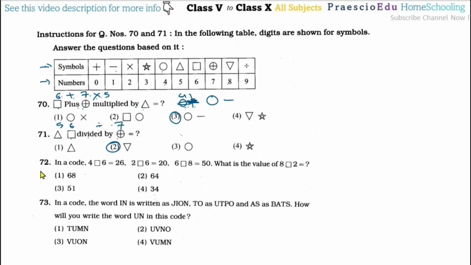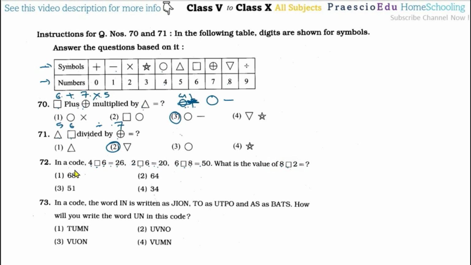Then question number 72. In a code, 4 and this symbol, then 6 equals 26, then 2 and this symbol, then 6 equals 20, then 6 and this symbol, then 8 equals 50. What is the value of 8 and these symbols?